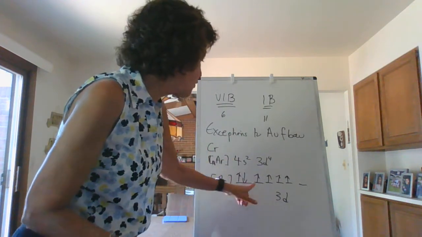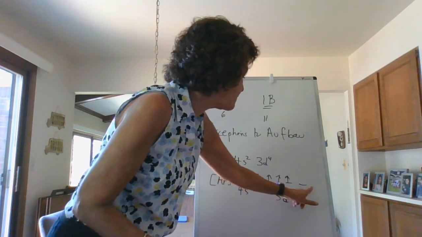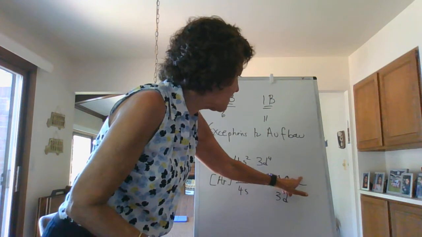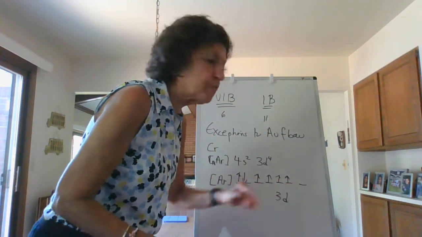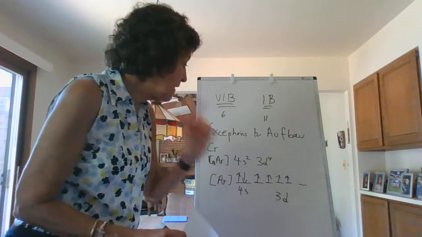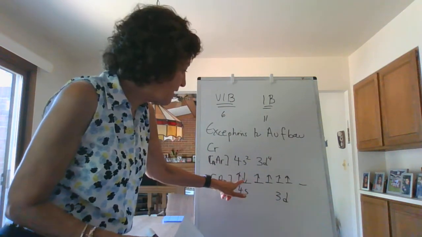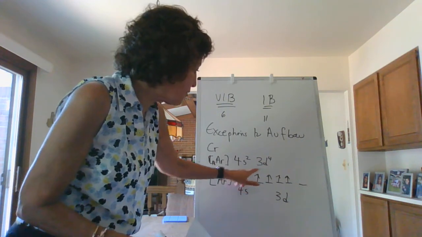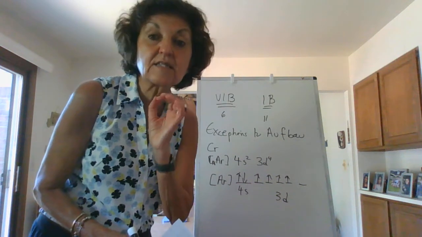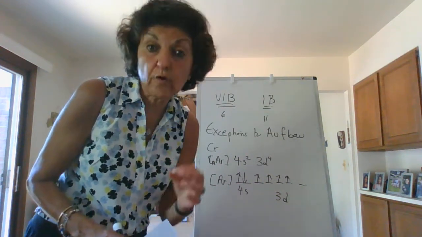It means that chromium would be happier if there were half-filled orbitals. Like if I had an electron here, chromium would be better off, would be more stable. Is there any way I could get an electron here? Well, if I take this s electron and I promote it and bring it over here, this is not the excited state. This is still the ground state. We're saying this makes it even more stable.